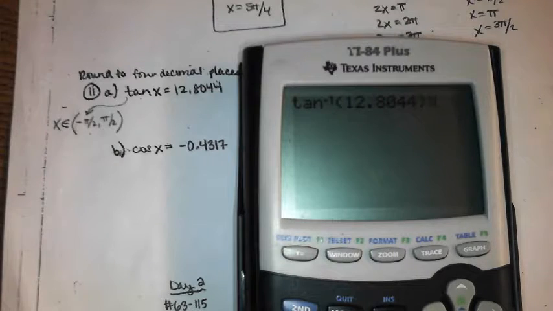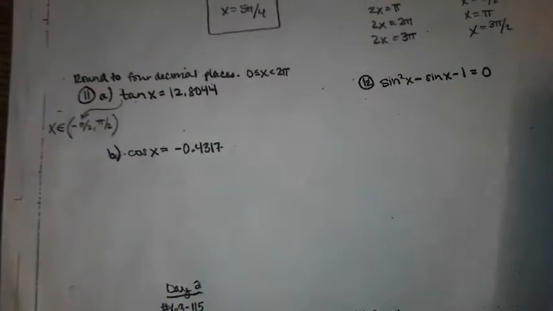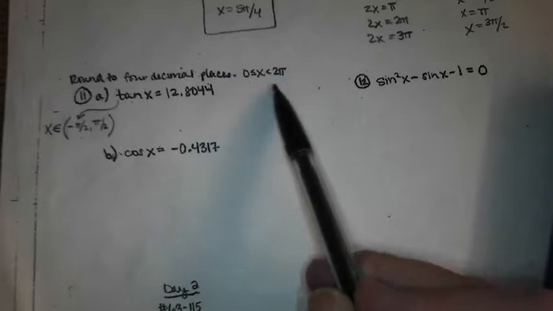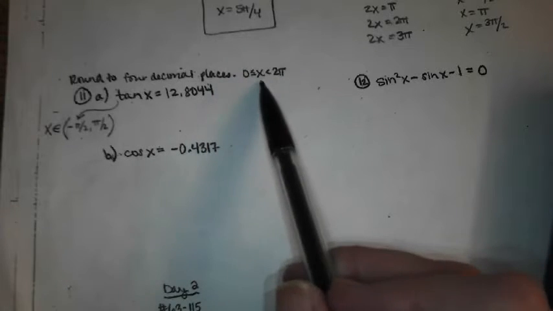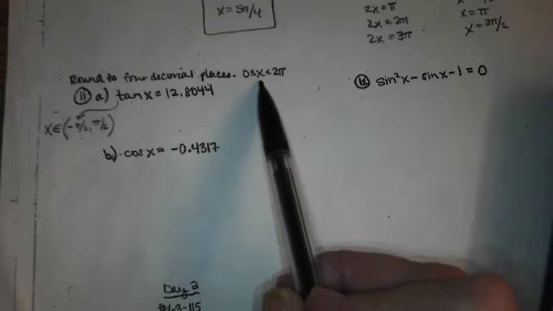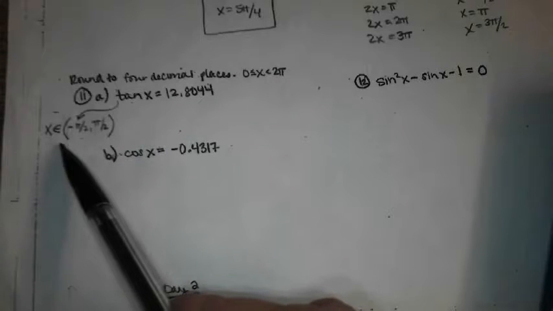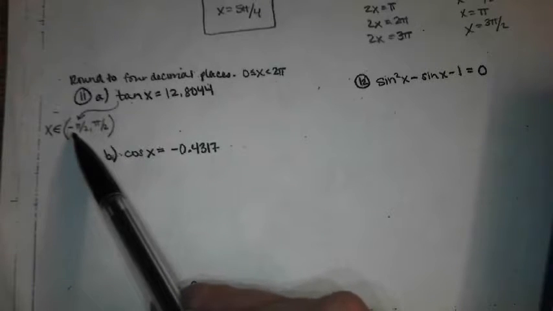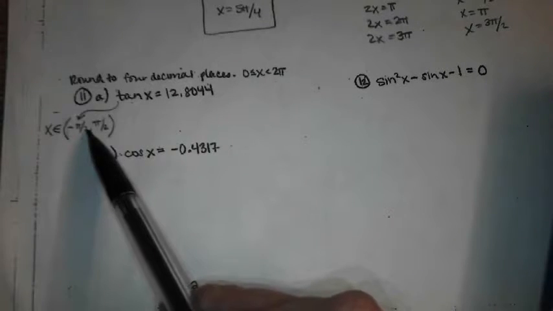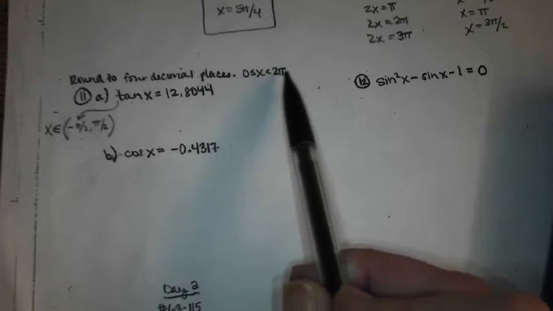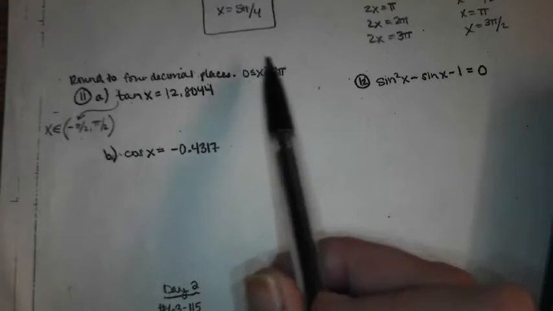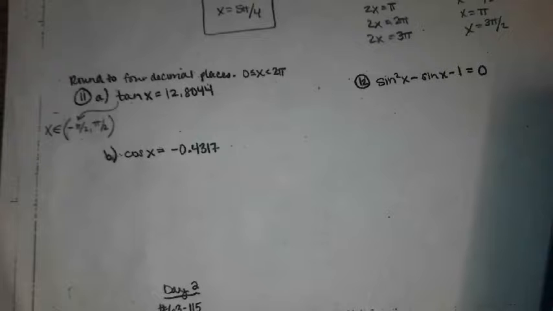If x happens to be between 0 and pi over 2, then we're also in the interval that the equation says we have to be. But if our x is in the interval from negative pi over 2 to 0, we need to find its coterminal that's between 0 and 2 pi, right?